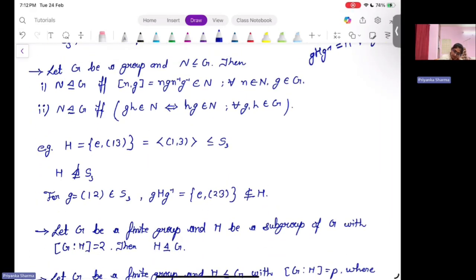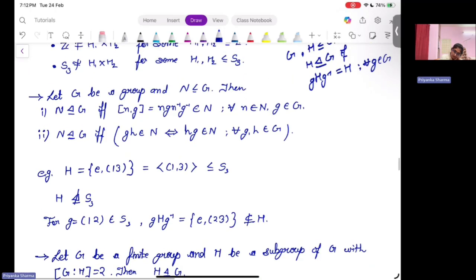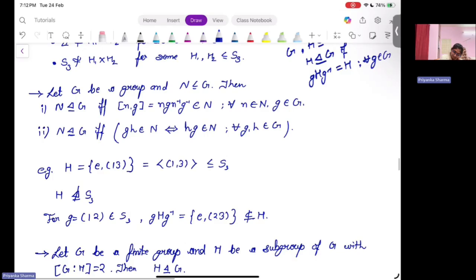So these are some other equivalent conditions for a subgroup to be normal.